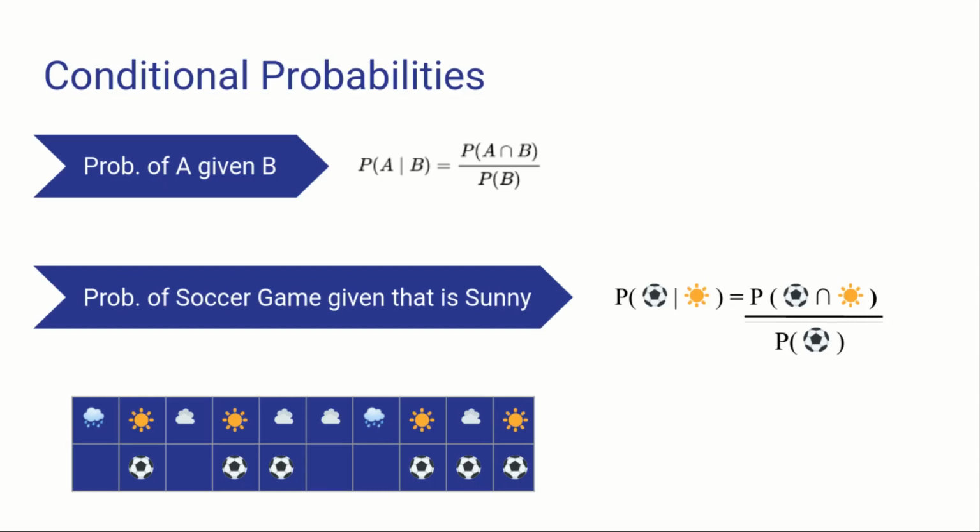Then all we need to do is to count on how many sunny days we had games, which is 4. And then we divide it by the number of games that we had regardless of the weather conditions, which is 6. So the probability of having a game given that it is sunny is 4 out of 10 divided by 6 out of 10.